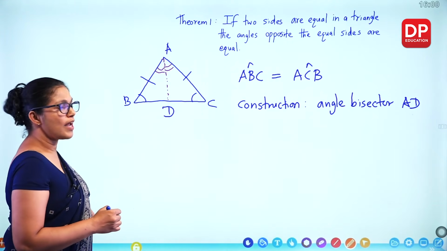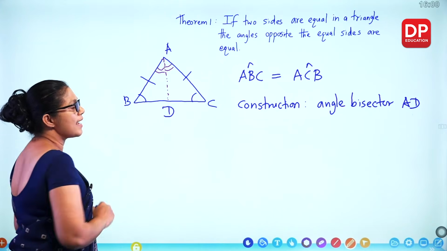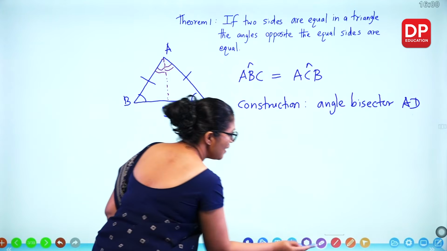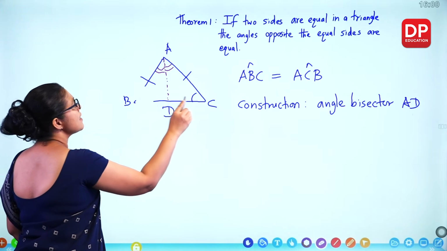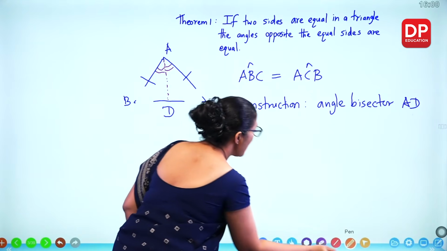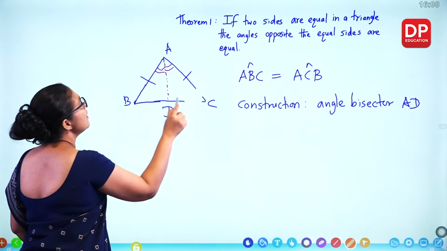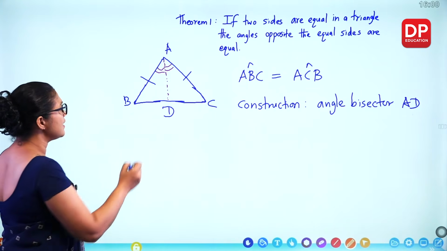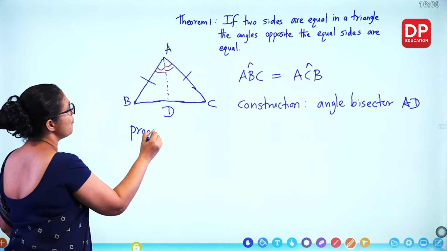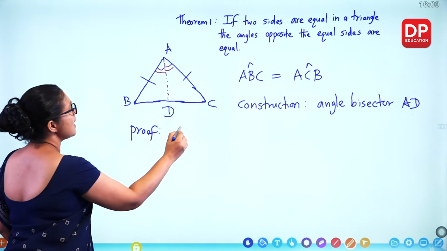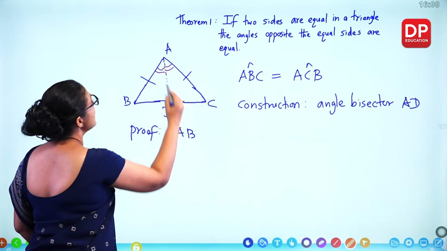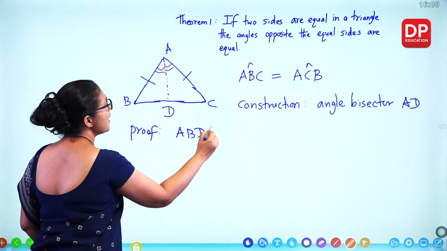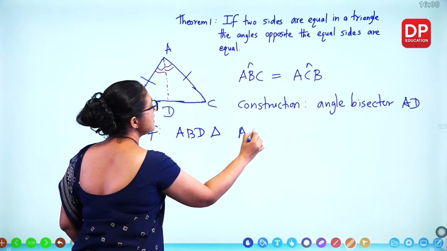Now we have to check whether these two angles are equal. So here I'll erase this one because we don't know whether these are equal. Now take these two triangles. What are the two triangles? For the proof we can take triangle ABD and triangle ACD.